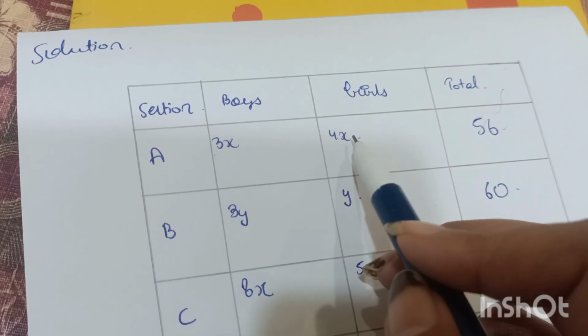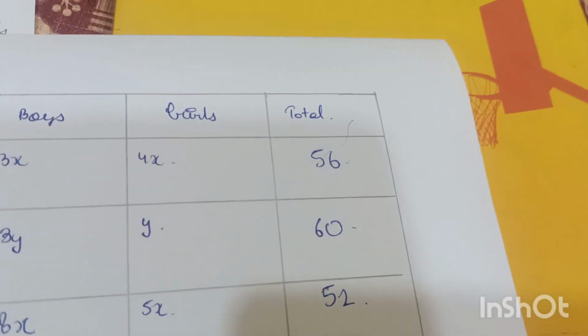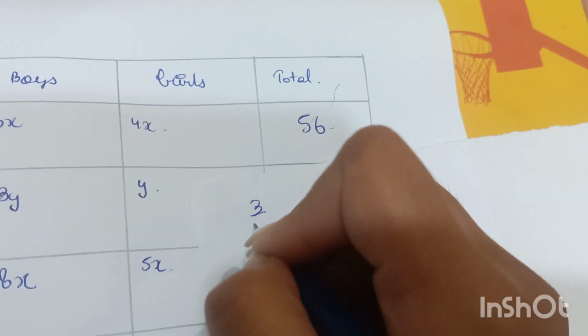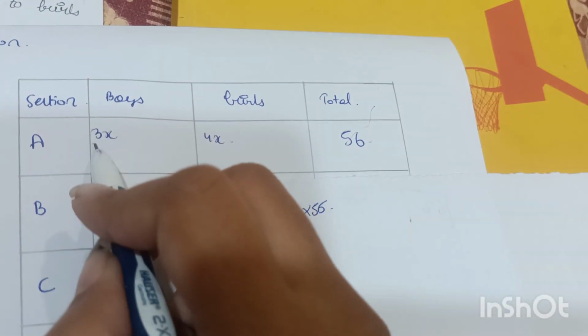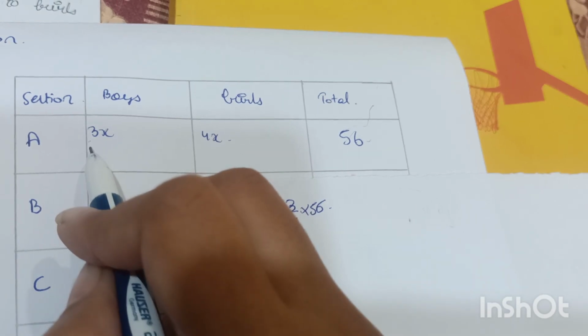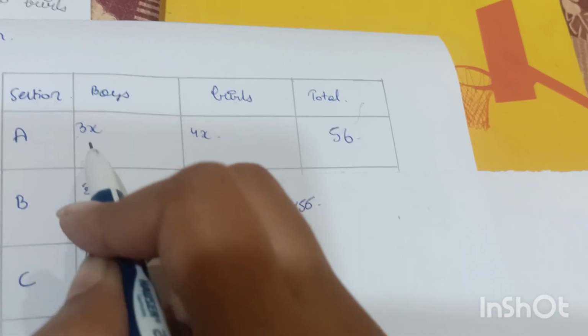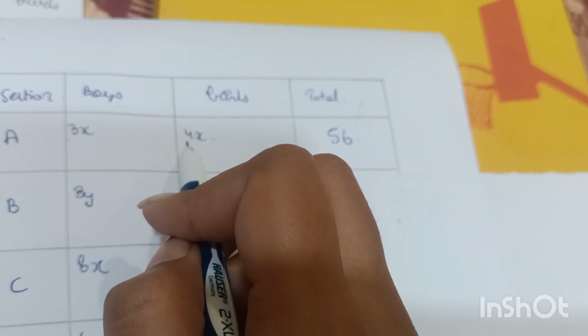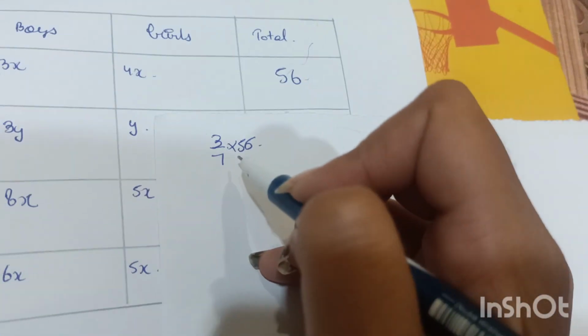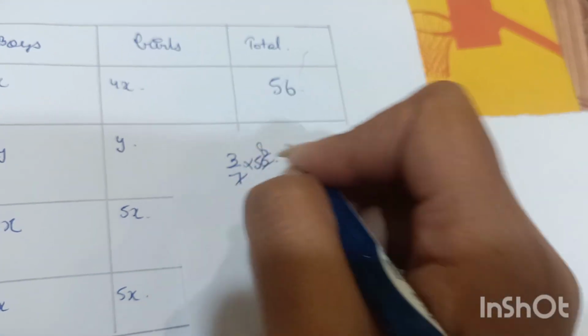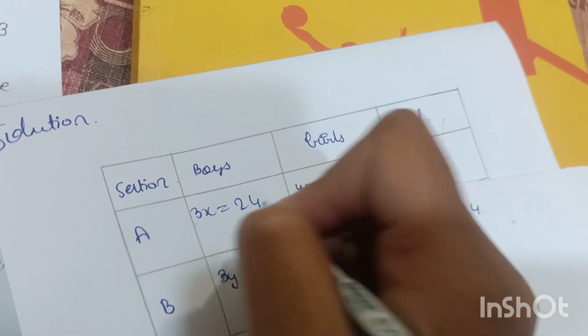So now let's solve for this. 3 and 4. So 3/7 into 56. Why 3/7? Because if we add 3 plus 4, we have been given the ratio as 3:4. So 3/7 of the total value, and the total students given is 56. So it will come 24.